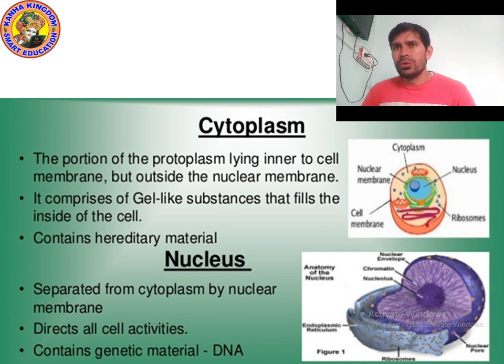The outer covering of the nucleus is known as the nuclear membrane, which separates it from the cytoplasm. And what is the function of the nucleus? Actually, it is just like a CPU, or you can say it is like a brain.